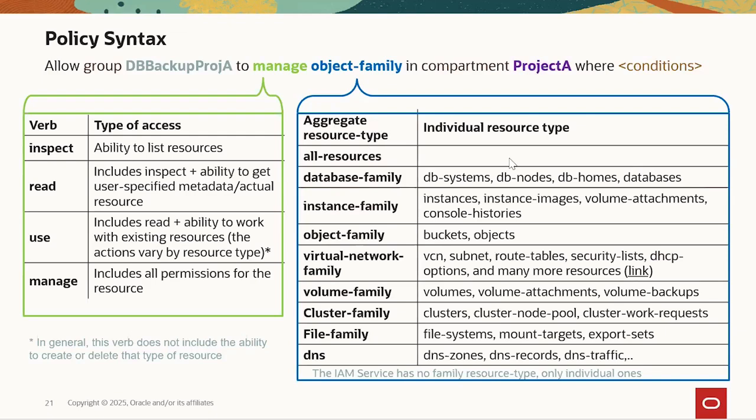If you have to assign users a very fine-grained level of access, you would do it on an individual resource type. In that case, the example would say manage only the buckets in compartment. So we are only restricting the access to buckets and not giving access to objects. But if you do it on the family, there are different families available. You can do it on a database family or instance family according to your needs, and you can also do it on the individual resource type.